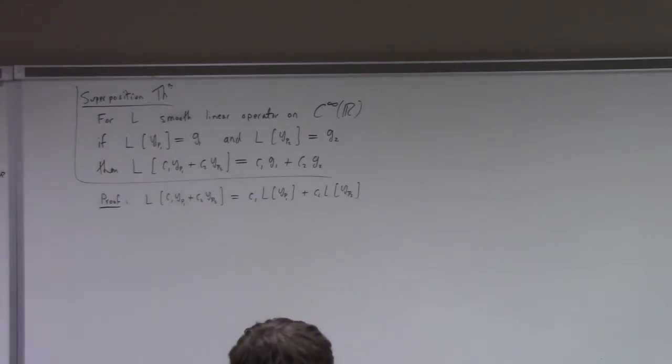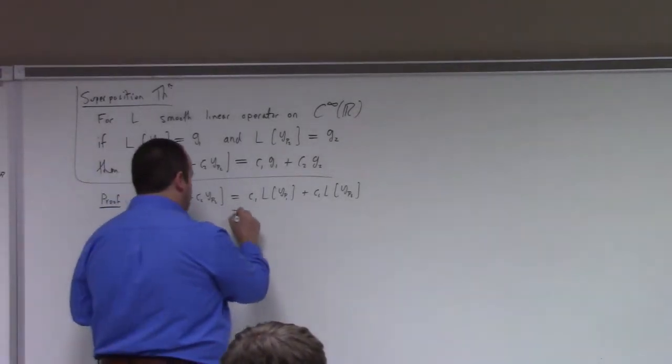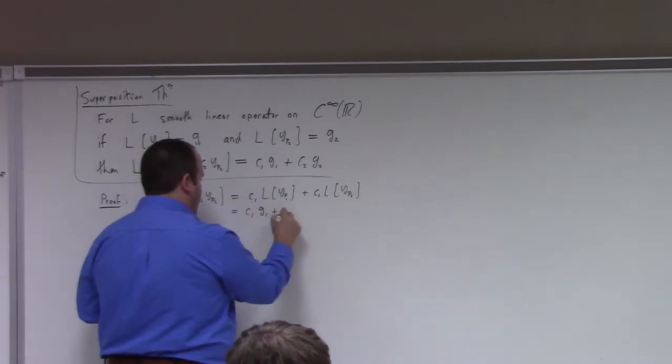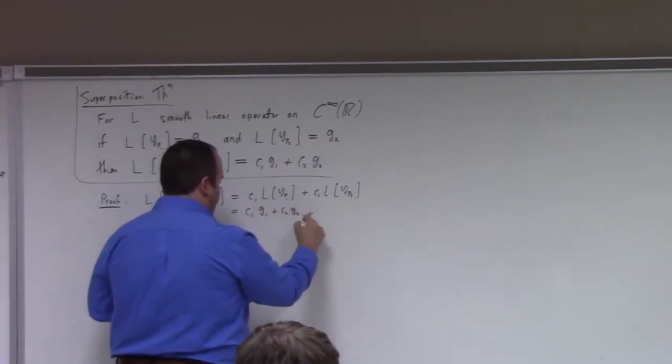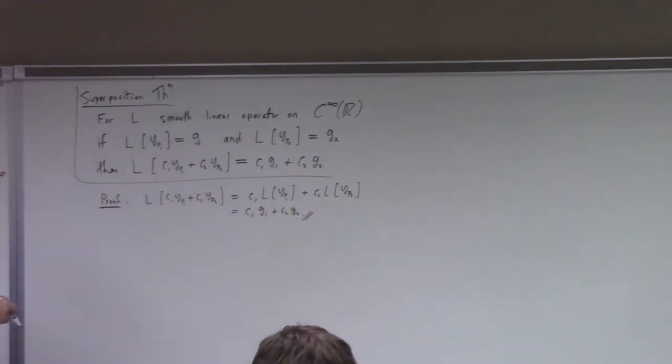But what did we assume yp1 and yp2 were? They are particular solutions that give us back g1 and g2 respectively. So this is just C1 g1 plus C2 g2. And there you go, a proof. This is the kind of proof I expect you to be able to do in here. Seem fair? I think so. I hope so. If you disagree, get out.